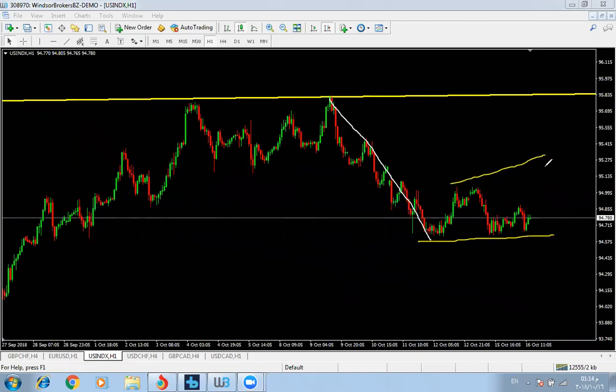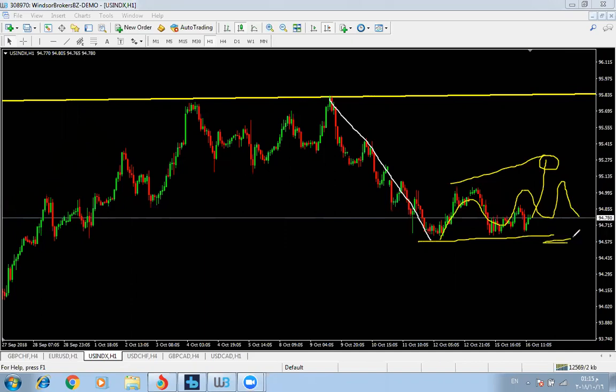The price might go to this area before it goes down. So what I am doing at this moment is waiting for the price to exit this sideways movement. I will show some patience right there.